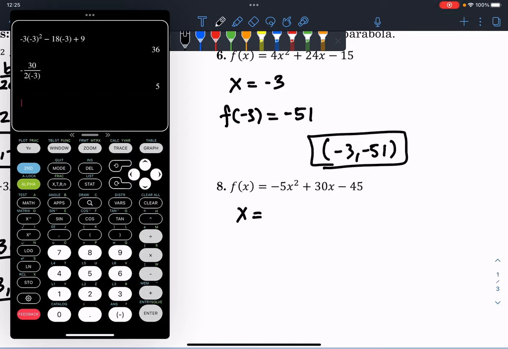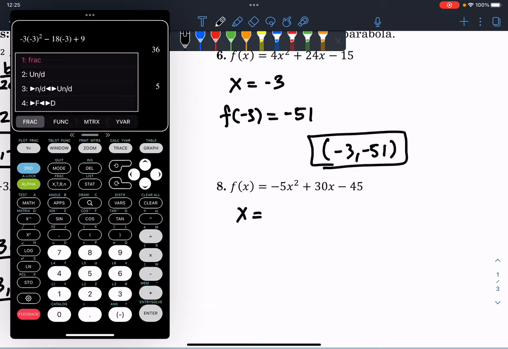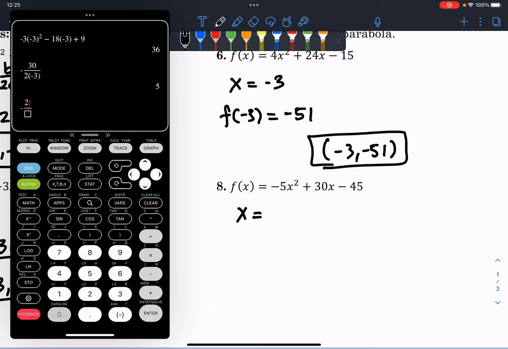So let me try that again. Sorry about that, guys. We'll get it right eventually. 30, there we go. So we get 3. So our x value is 3.